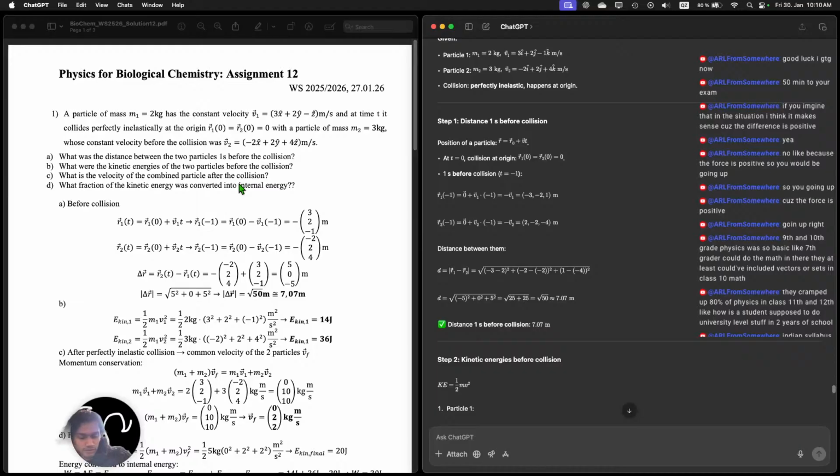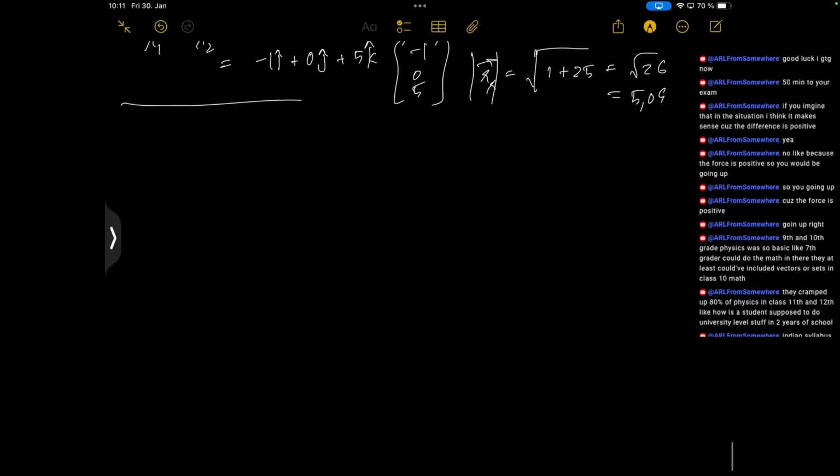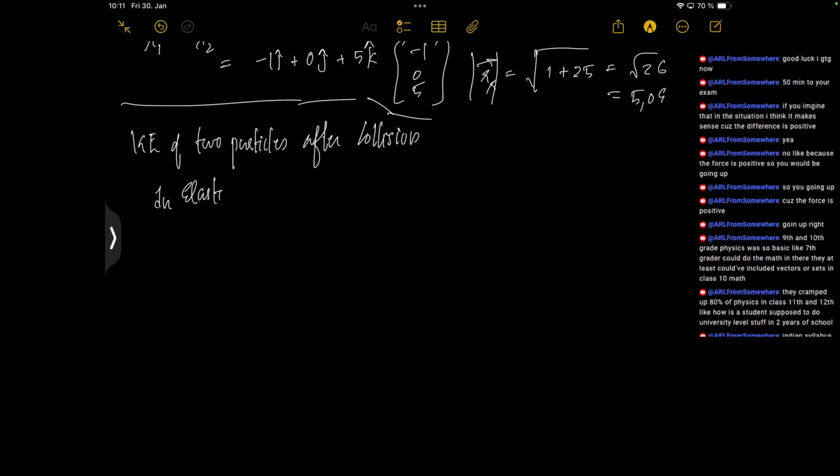What were the kinetic energies of the two particles after collision? Inelastic collision, conservation of momentum.